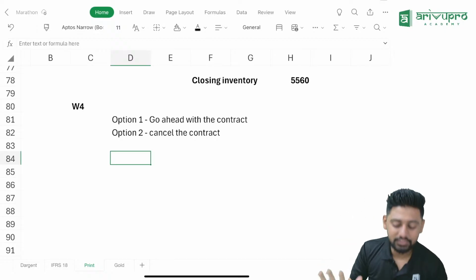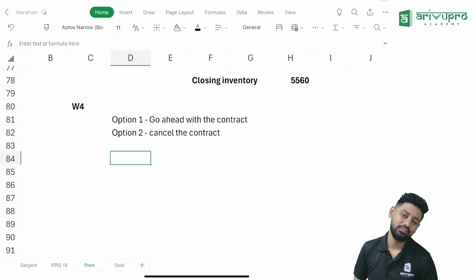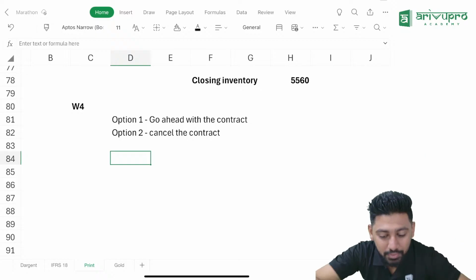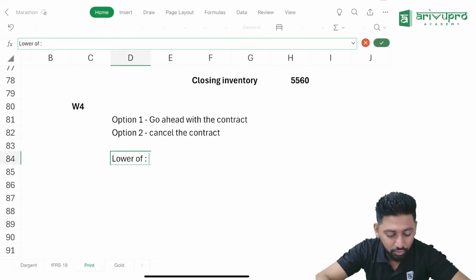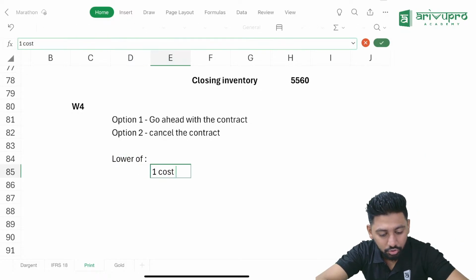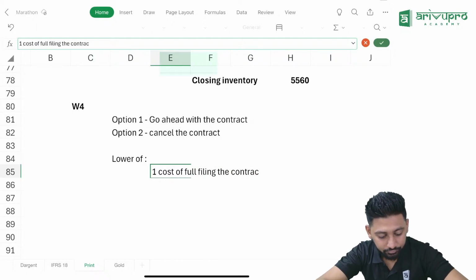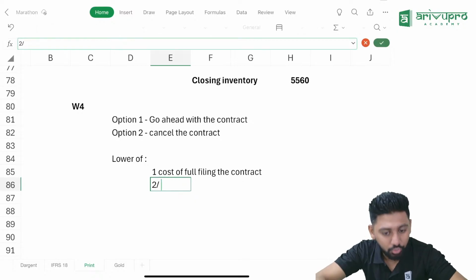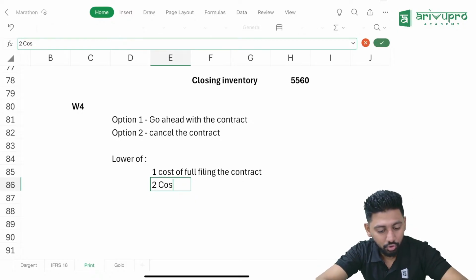In an onerous contract, you are going to recognize a provision. This provision has to be the lower of number one, the cost of fulfilling the contract, and number two, the cost of exiting from the contract.